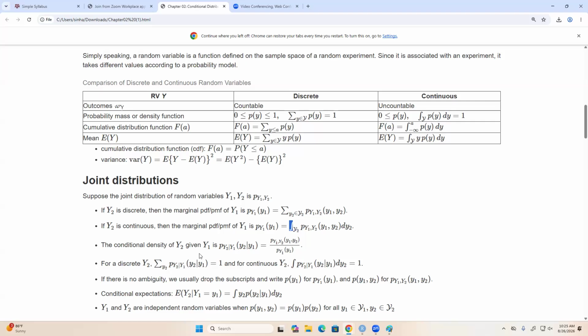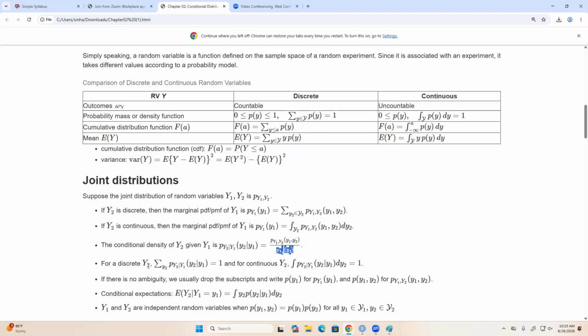If I'm interested in the conditional distribution of y2 given y1, this is the notation p sub y2 given y1, and it can be obtained by this ratio. The numerator is the joint density function of y1, y2, and the denominator is the marginal density function of y1.